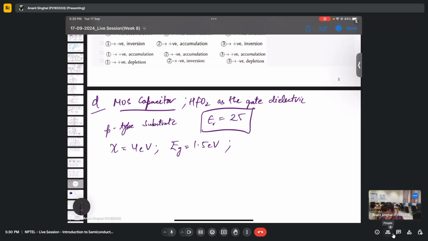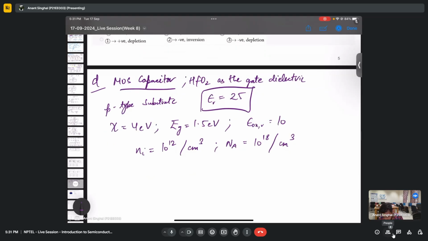For the oxide, the relative dielectric constant is 10, and ni I'm giving as 10 raised to the power 12. Please consider all the values that I'm giving, because they are meant to simplify the calculation. Na I'm giving as 10 raised to the power 18 per centimeter cube.